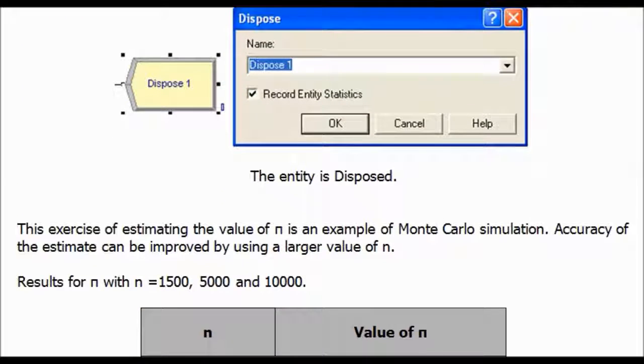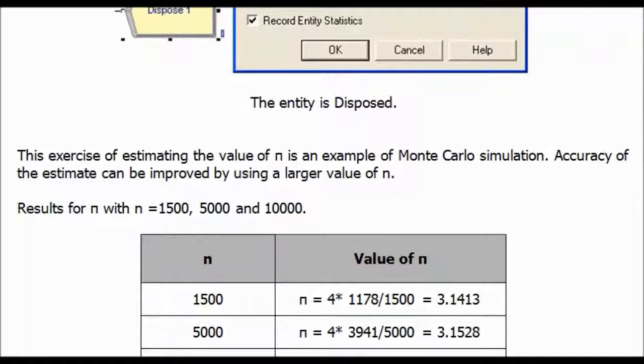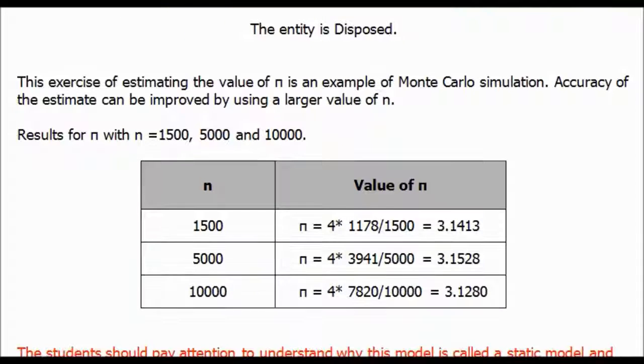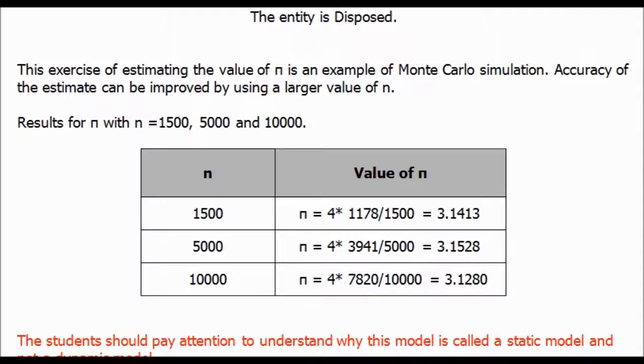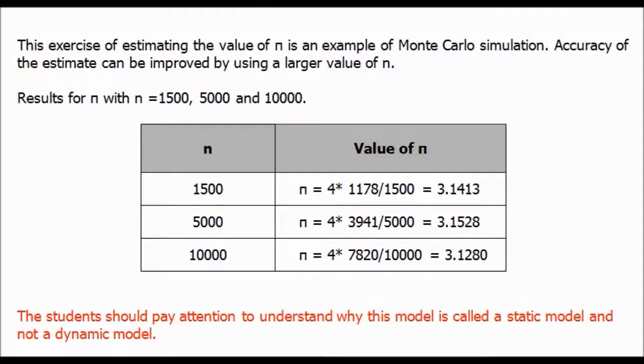Accuracy of the estimate can be improved by using a larger value of n. Results for Pi with n equals 1500, 5000 and 10,000.